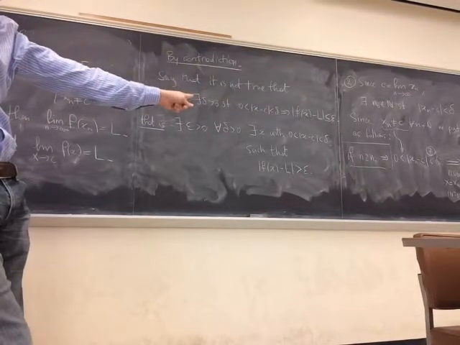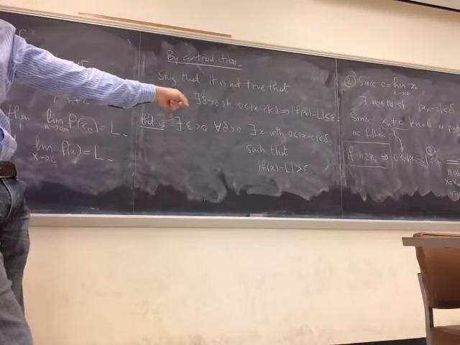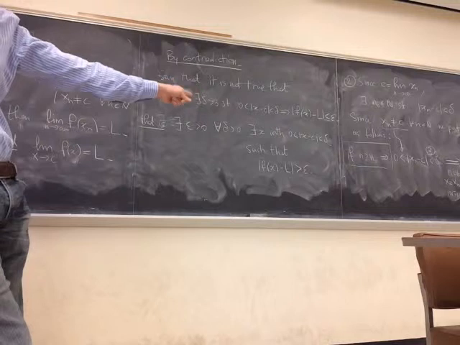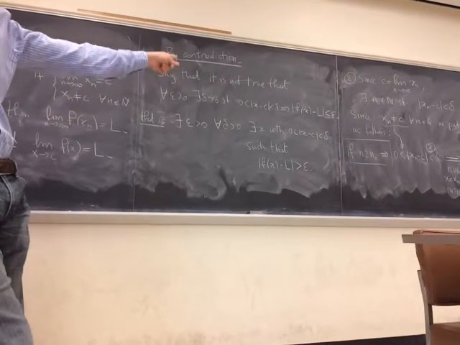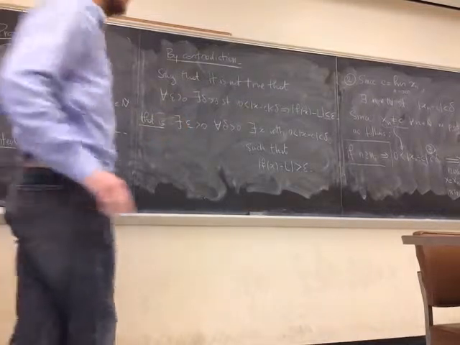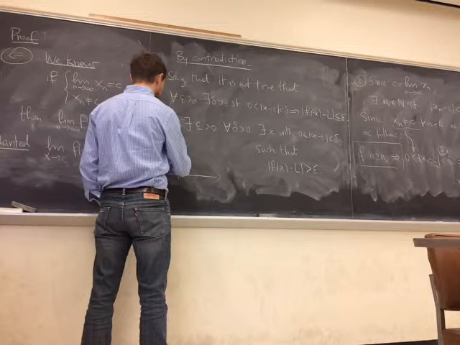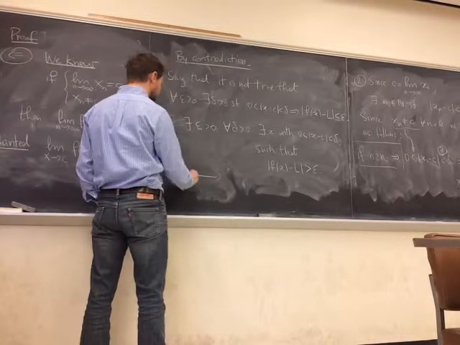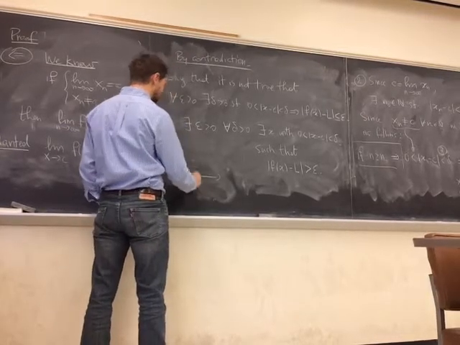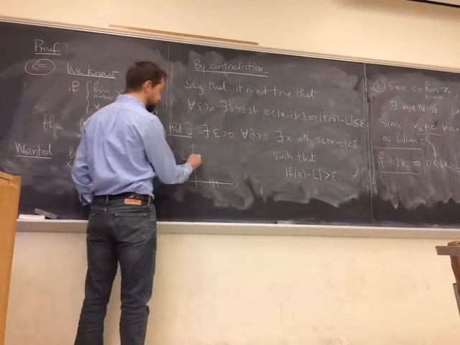So my function will take a value outside this epsilon window around L at this point x. So the fact that I have a limit means that no matter how small the opening here, I can find an opening there such that all the values of my function here are between here and there, right?